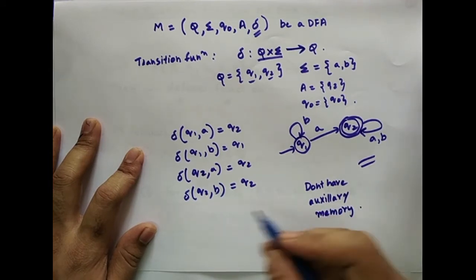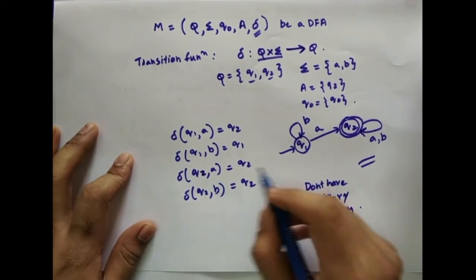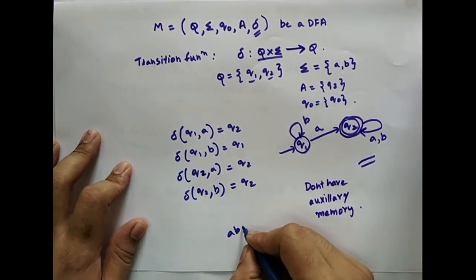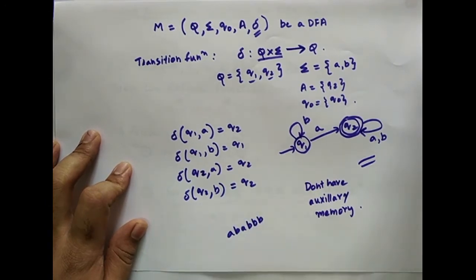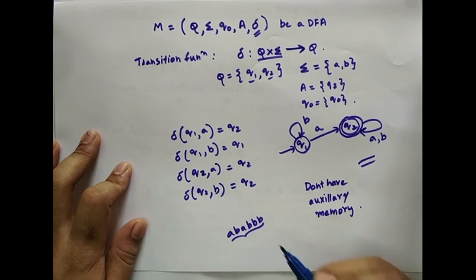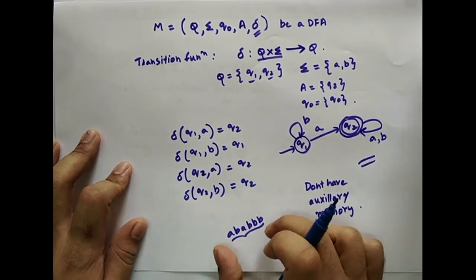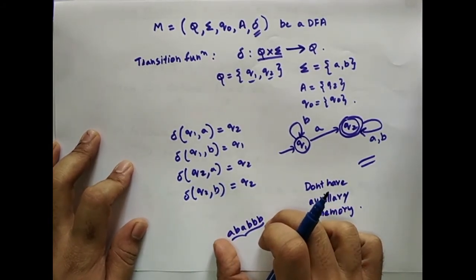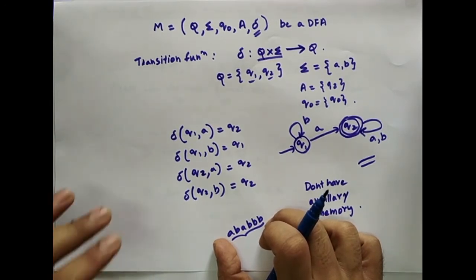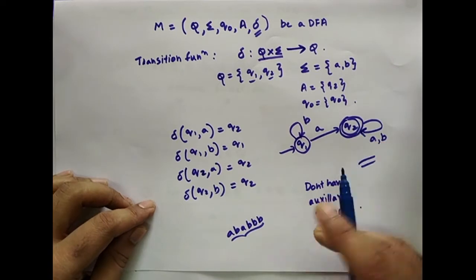As a result, if the input given to this automaton is a big string, for example A, B, B, the automaton will not be able to remember this string. So if the automaton cannot remember the whole input string, how does it still process the string? It does it by transition.